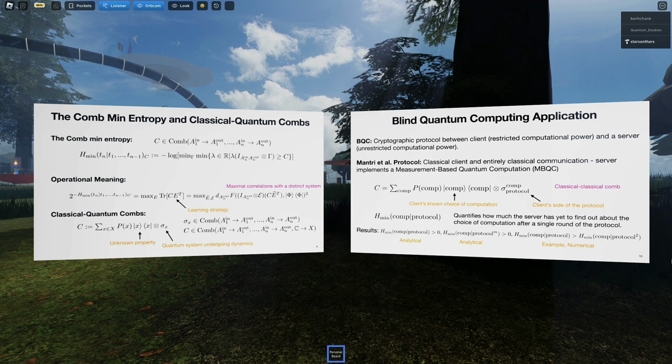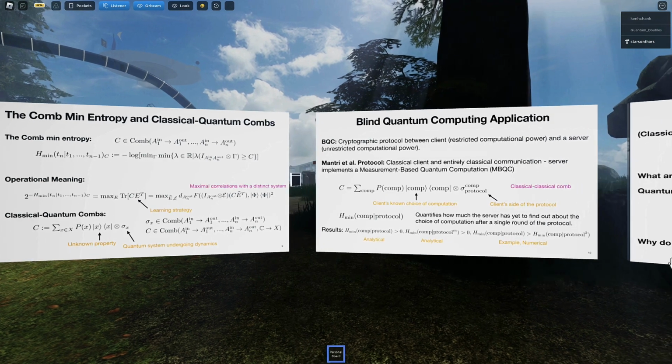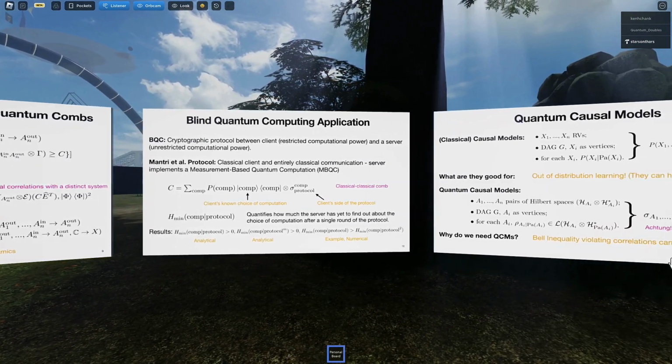So I think there is some work, what they call causal boxes, which is in the cryptographic realm, and I believe there are also links to the quantum combs here. But again, I don't know exactly what those links are. One of the slides in, I think, two slides' time mentions this, because there's a table that sort of translates between all these things.